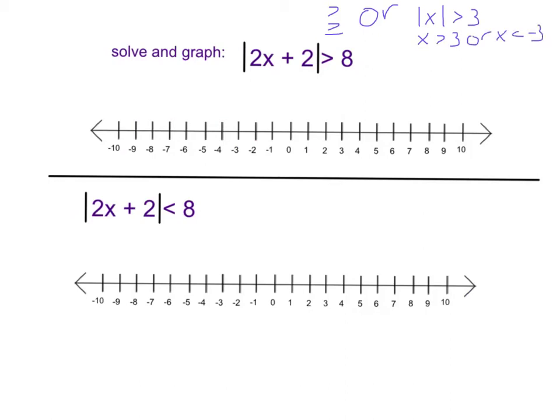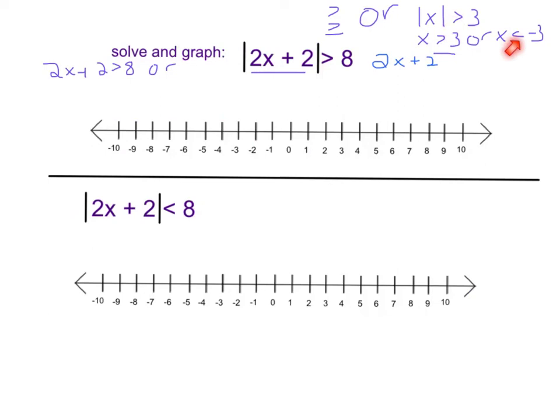So I took whatever was in my absolute value, so 2x plus 2, and I just kept the sign the same and the number the same, is greater than 8. Or, I'm actually going to write it over here so I have room to work. We took whatever was in that absolute value, 2x plus 2, and we switched the sign. So here it was greater than.